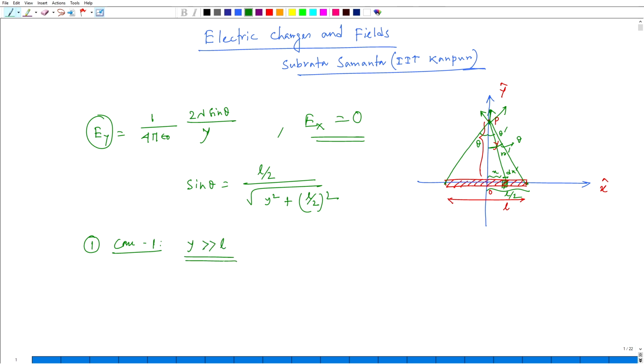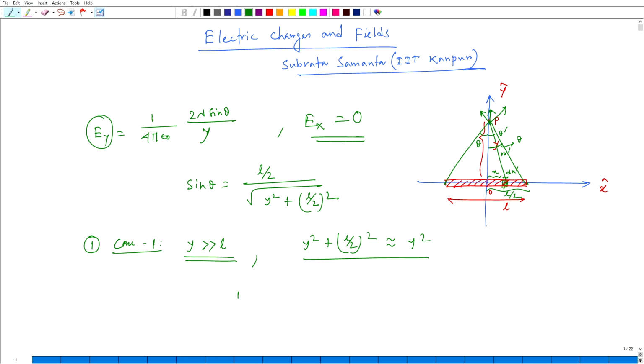Here L is the length of the rod and y is the perpendicular distance on the bisector of the rod. In the limit of y very much greater than L, y squared plus L by 2 whole squared is nearly equal to y squared, because y squared is dominant.